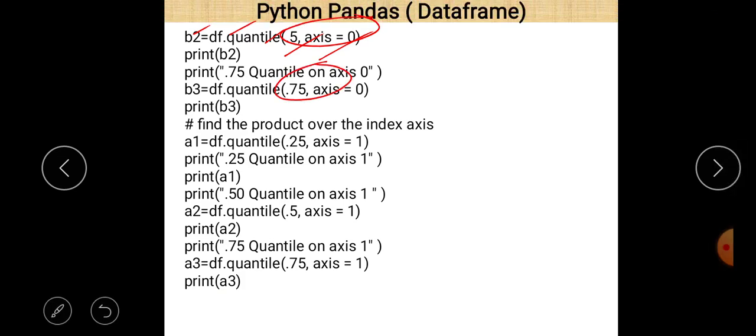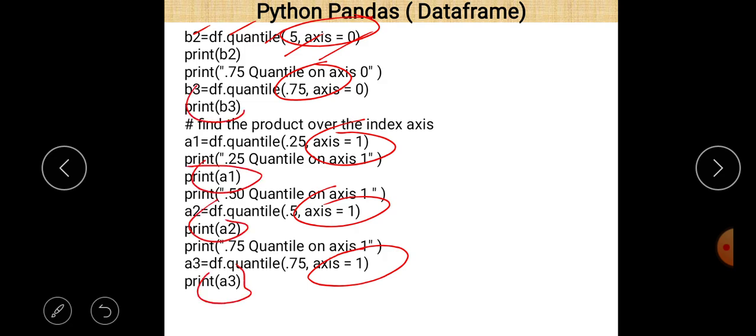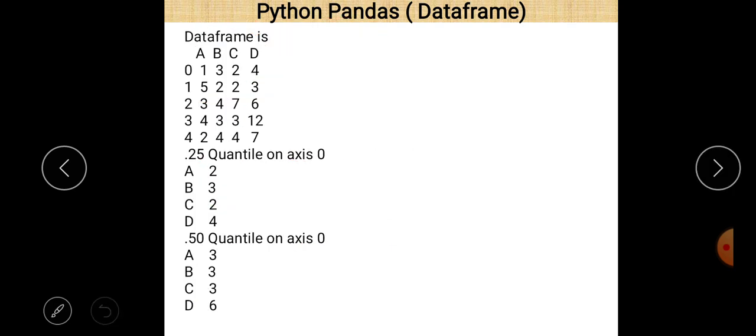And the 0.75 quantile in the same manner. Okay, now if you want to calculate these quantile values along axis 1, give only a single change here, just define axis equal to 1 and print this statement. So the different quantile values will be printed. Now you can easily see that this is our data frame that we created here.